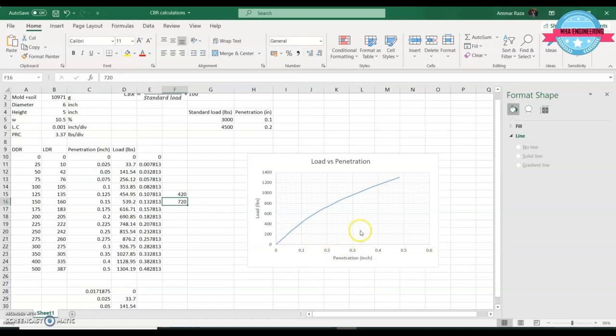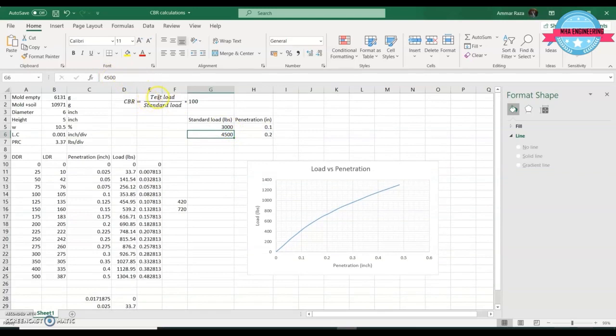So how now we will determine the CBR value at 0.1 inch and 0.2 inch. This is our standard load at 0.1 inch penetration, and this is for 0.2 inch penetration. So CBR is equal to test load over standard load. So test CBR at 0.1 inch penetration, it was 420.